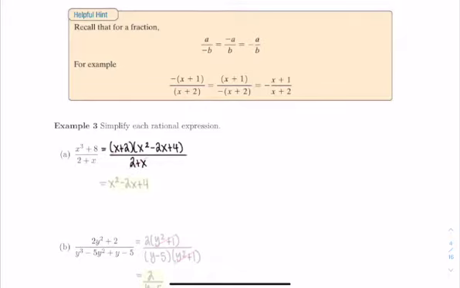But x plus 2 and 2 plus x are the exact same thing. So they are going to cancel, and we are just left with x squared minus 2x plus 4.